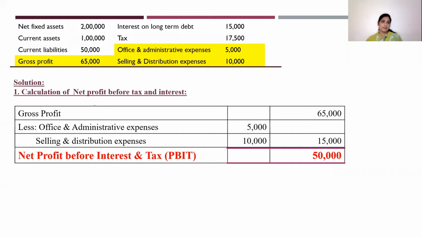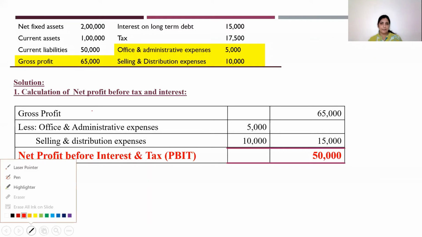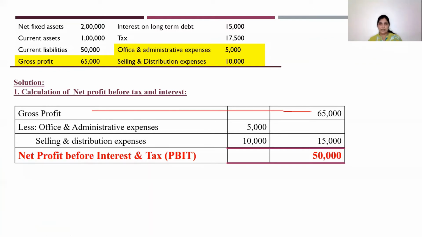So this is the solution. Calculation of net profit. First we'll find out this net profit. First of all, calculation of net profit before tax and interest. I have taken the gross profit here, so gross profit is 65,000. I have taken it from your problem.